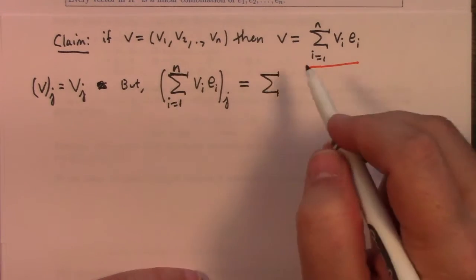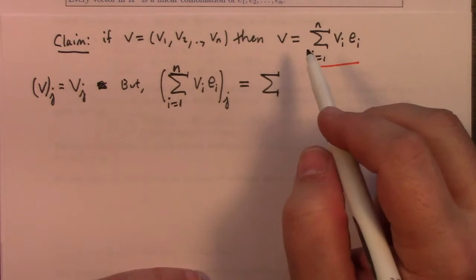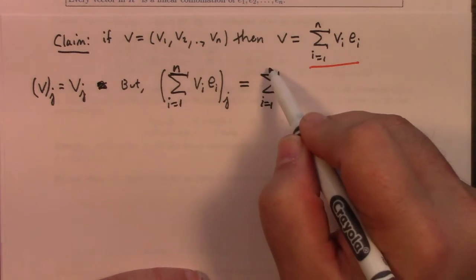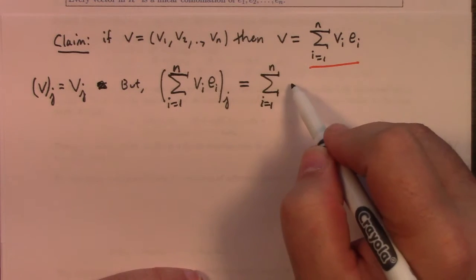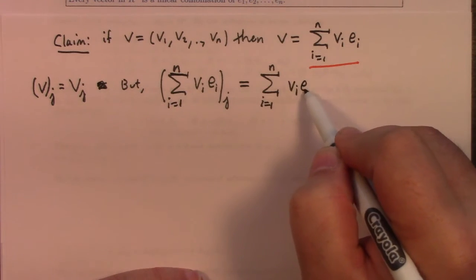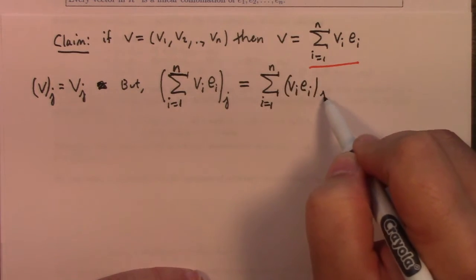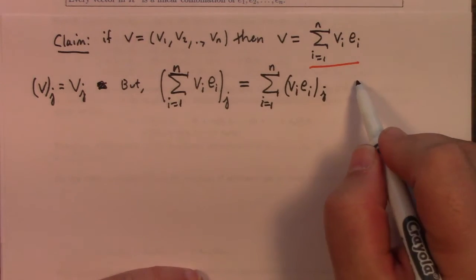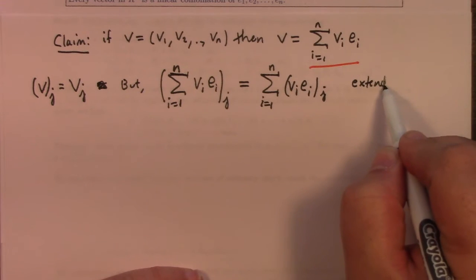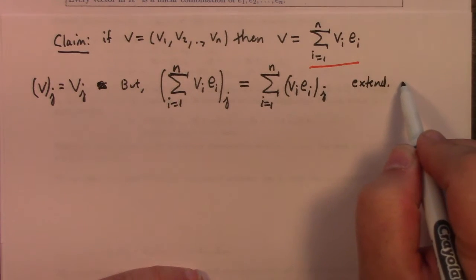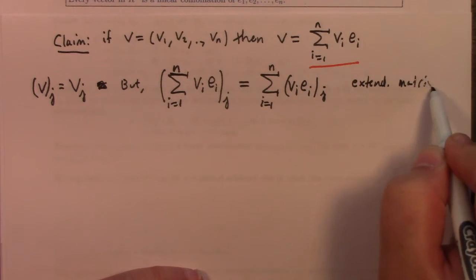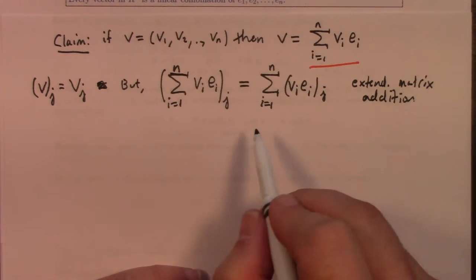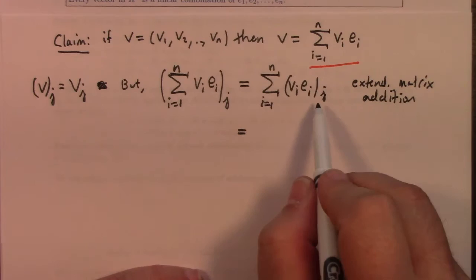It wouldn't be hard. Then what I have is the sum, i equals 1 to n of Vi Ei, the jth element of that. That's just extending matrix addition to n-fold additions. All right, and then I can simplify this.